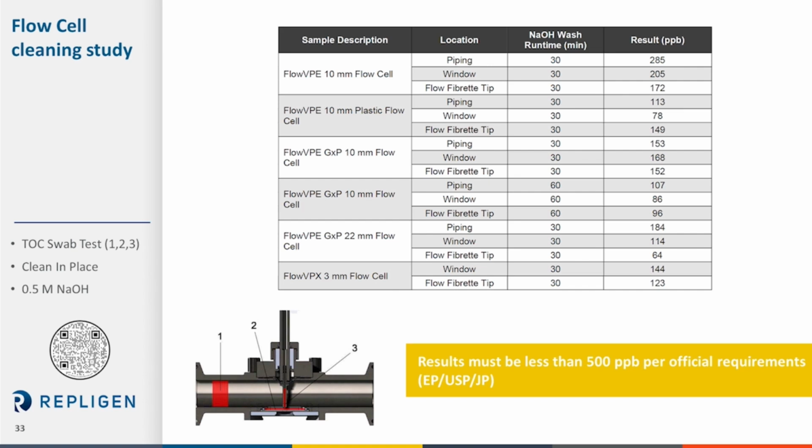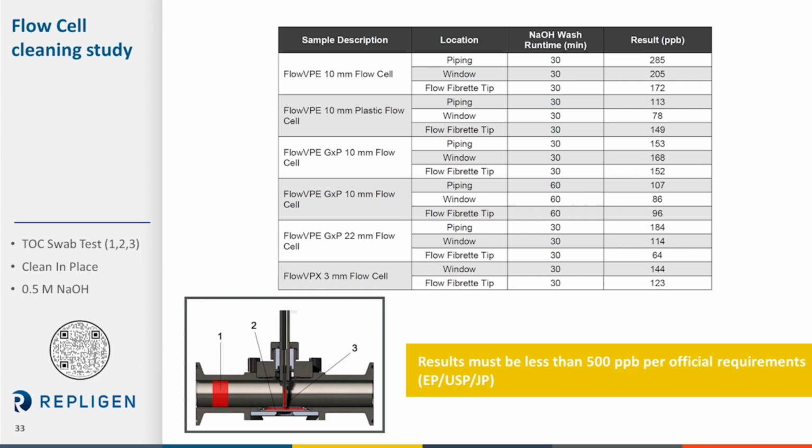All the flow cells are cleanable as well. Here's just a quick study that we did internally to test all our flow cells. What we did was we soiled them with polyclonal antibody and let it sit for 24 hours. Then we flushed each one with 0.5 molar hydroxide for 30 minutes, and then took a swab at each of the locations pictured below.